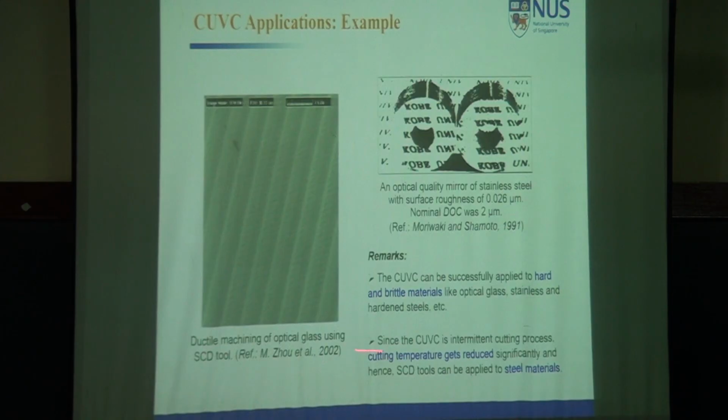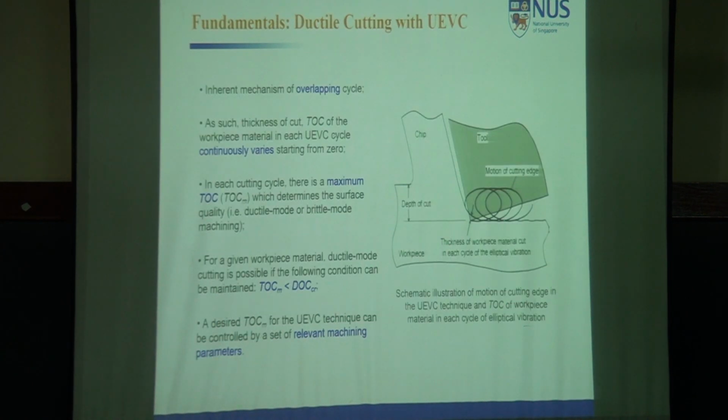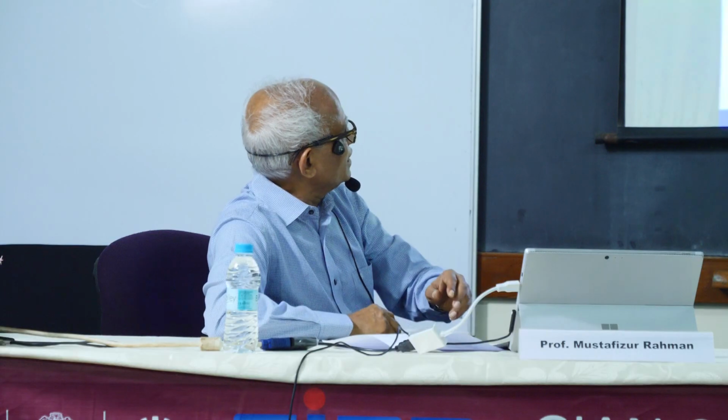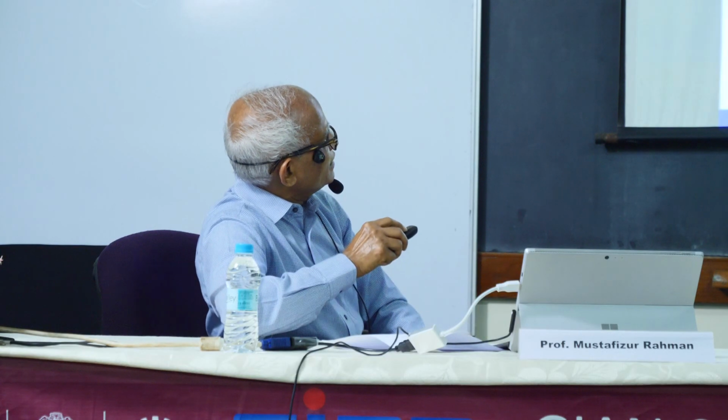You can get really smooth surfaces. These are other factors, how to calculate the maximum A and B. I am not going to drag you. Based on that, relevant machining parameters you can determine from this equation. Not elaborating from there, you can control A and B, okay?